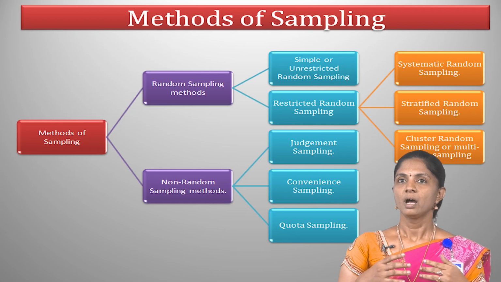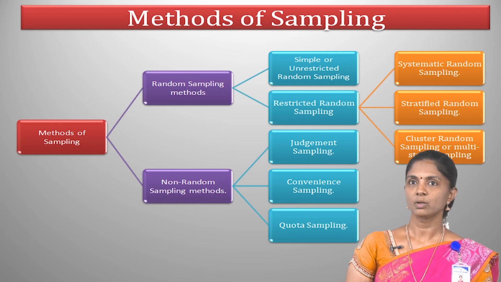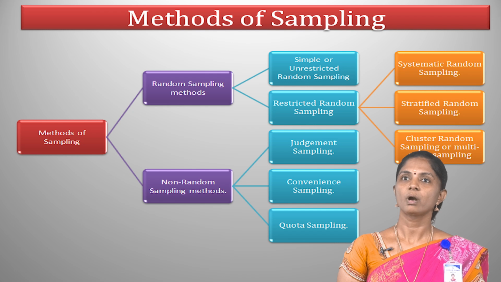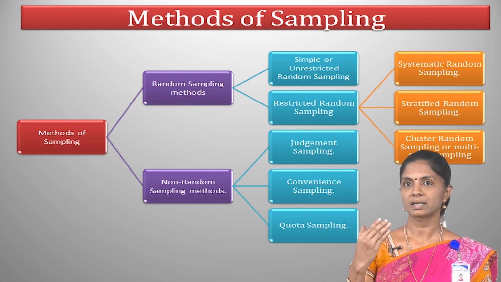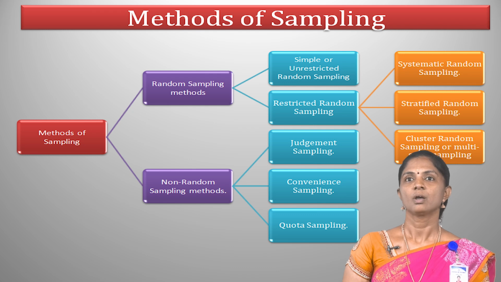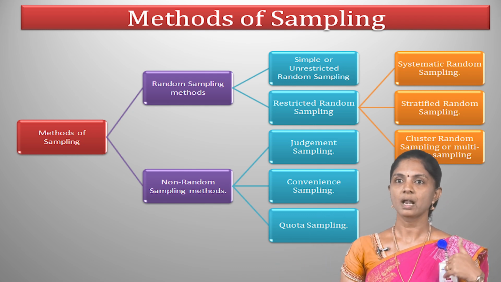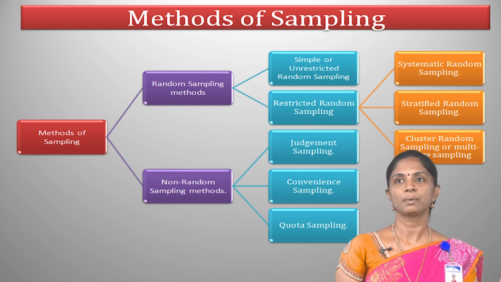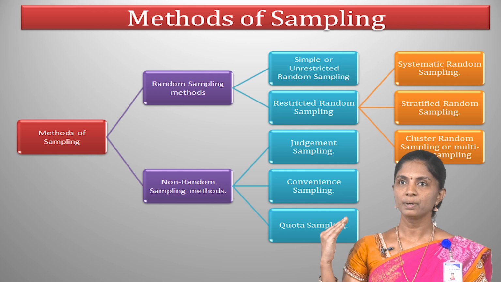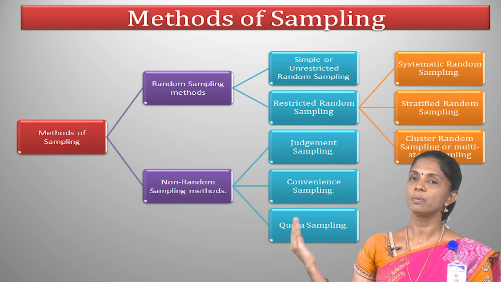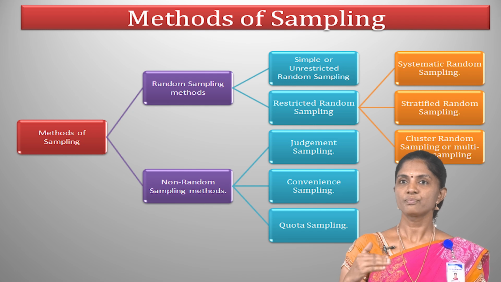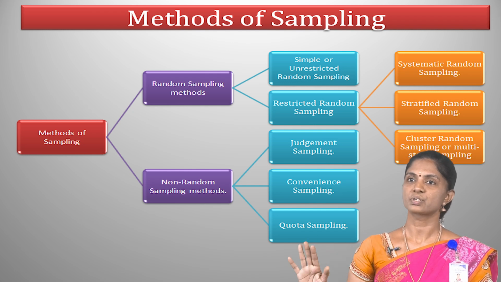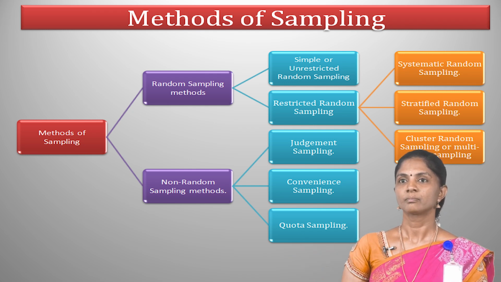Next, I am going to explain what are the methods of sampling. Sampling is classified into two categories. One is random sampling, another one is non-random sampling. Random sampling method or probability sampling method consists of simple or unrestricted random sampling.